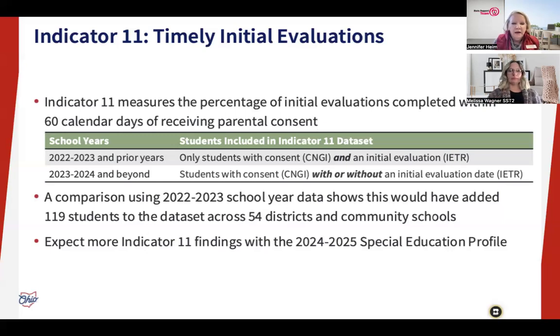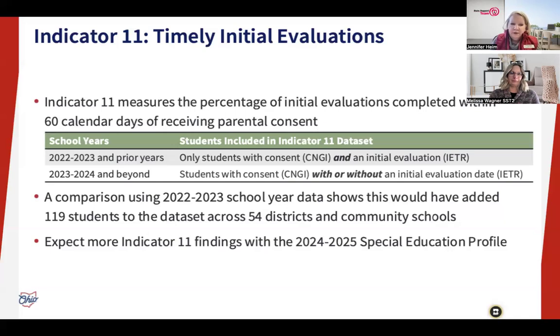So if we think about a comparison using 22-23 school year data, this would have added 119 students. They are doing a little bit different calculation. OEC is calculating this a little bit differently this year. Prior to the 22-23 school year, they only calculated with students that had a consent for evaluation and an initial ETR.